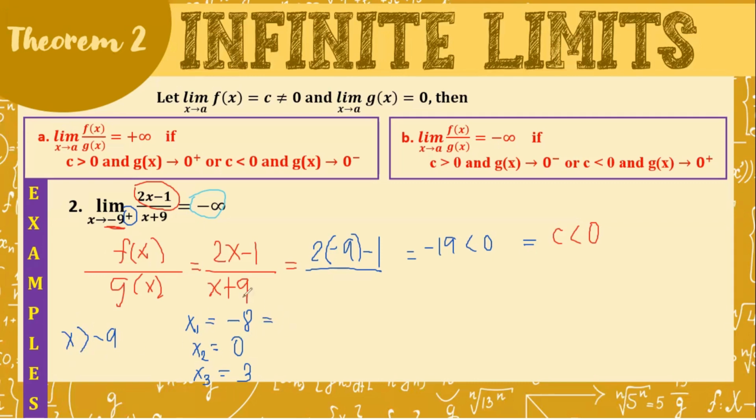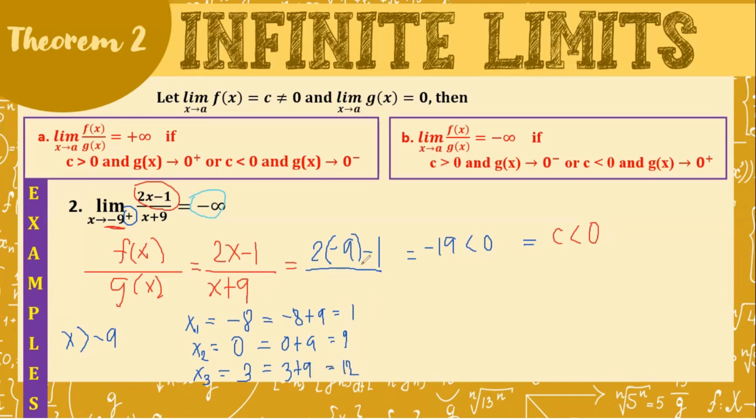So, in x plus 9, negative 8 plus 9, what is the result? That is positive 1. Next, 0 plus 9 equals 9. Next, 3 plus 9 is equal to 12.